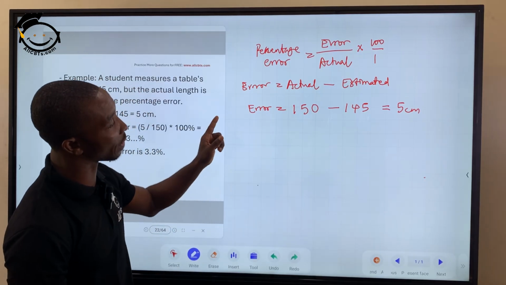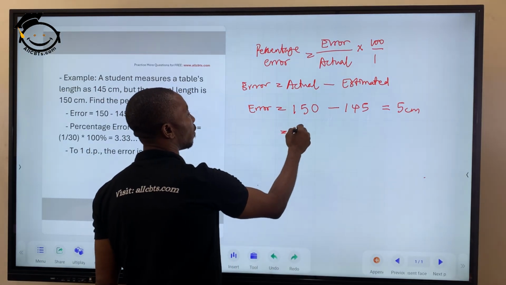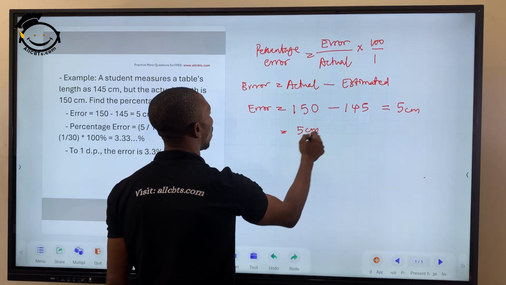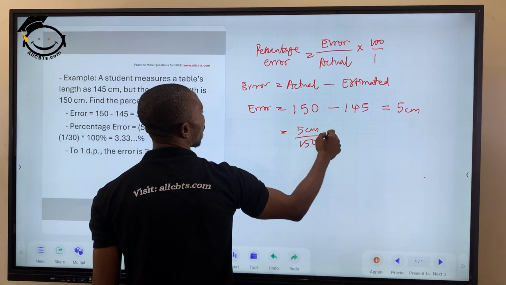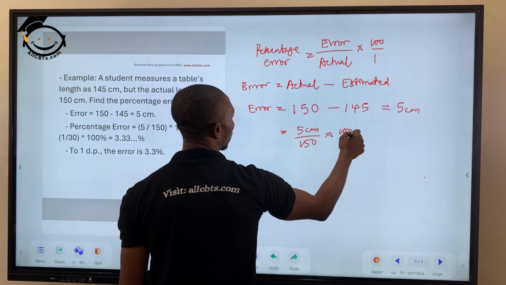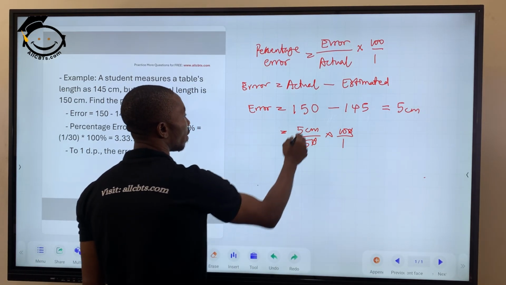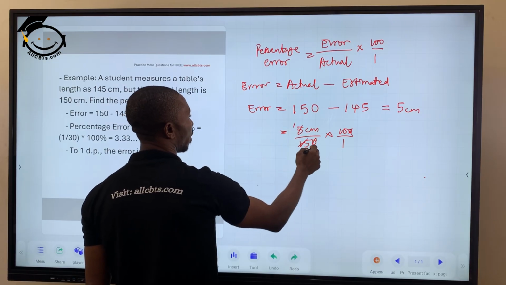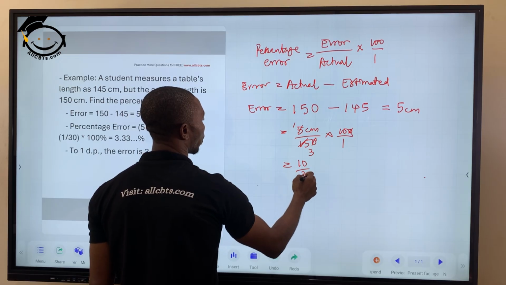Now, for us to calculate the percentage error, applying the formula, which is error, 5 centimeters, all over the actual, which is 150, times 100 over 1. 0 cancels 0, 5 here 1, 5 here 3. So this leaves us with 10 all over 3.